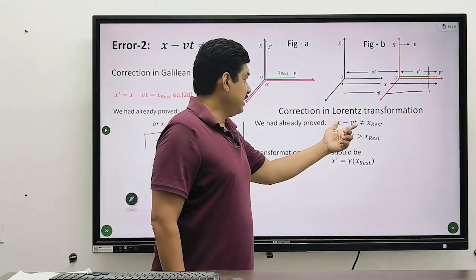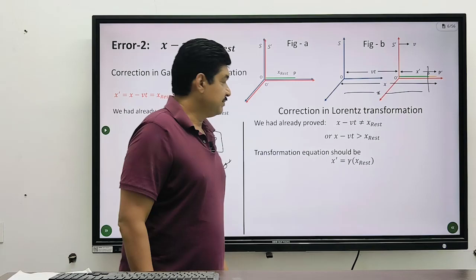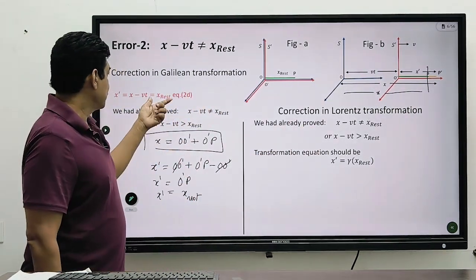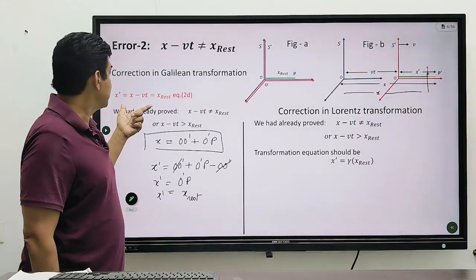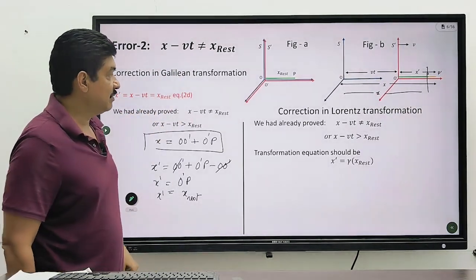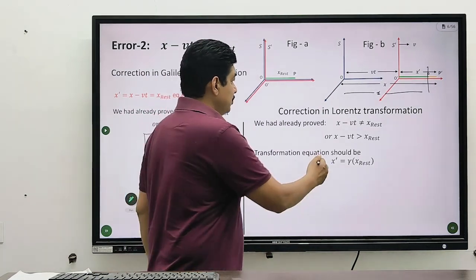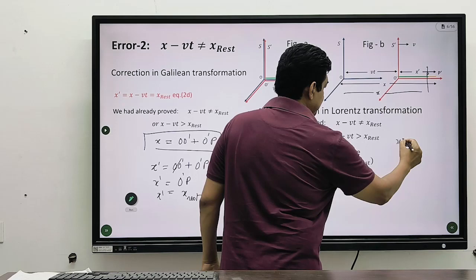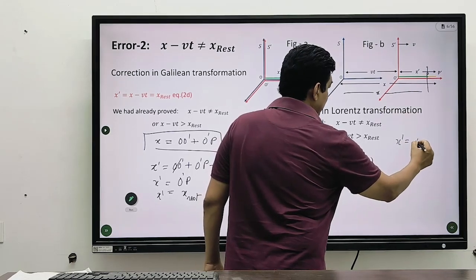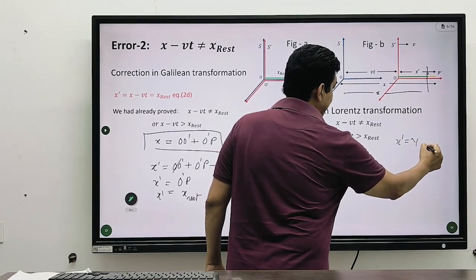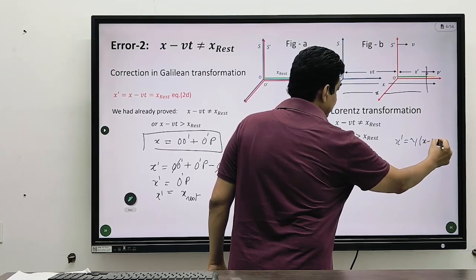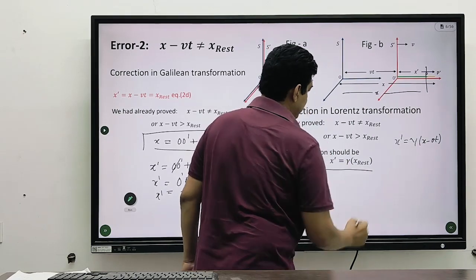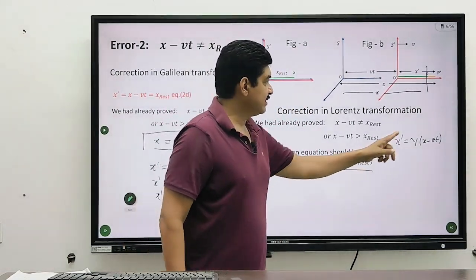Now since this x minus Vt is not equal to x rest, because it is based on this equation of Galilean transformation, in Lorentz transformation you have to use, instead of x prime is equal to gamma times x minus Vt, this equation, x prime equals gamma x rest.